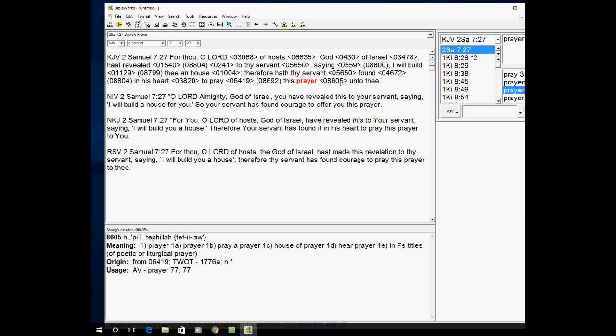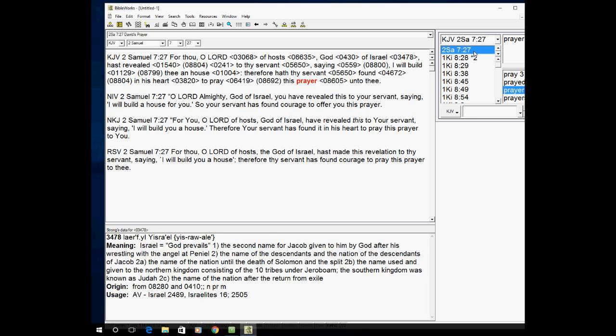The first definition is to speak to God about something, and that only goes back as far as David's time, starting in 2 Samuel and the Kings.